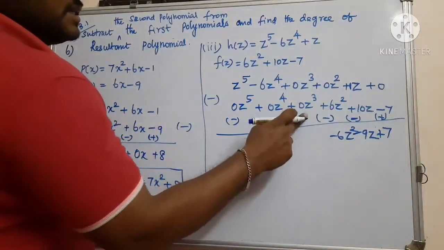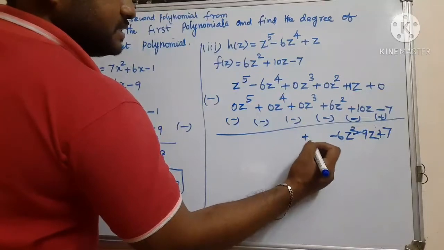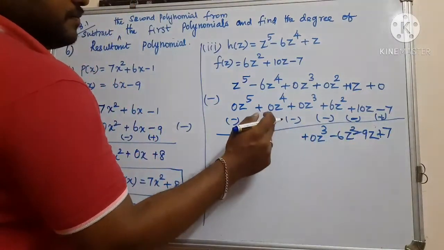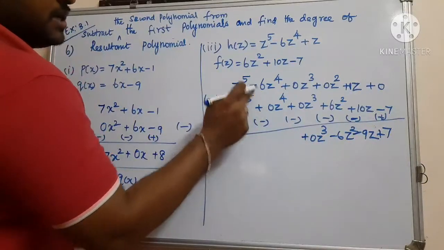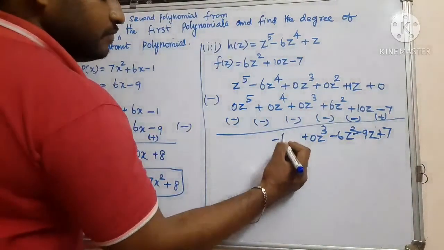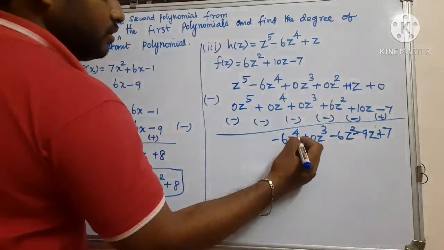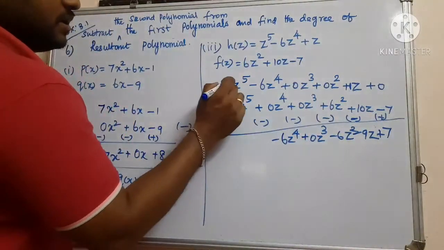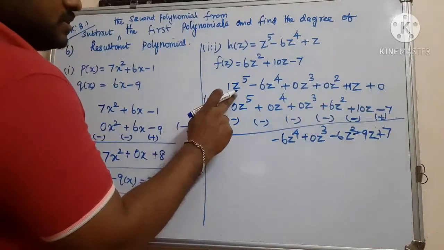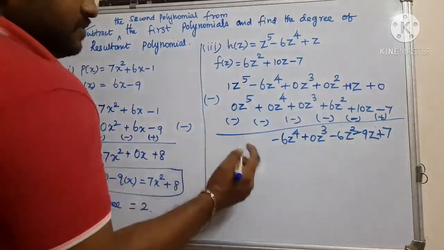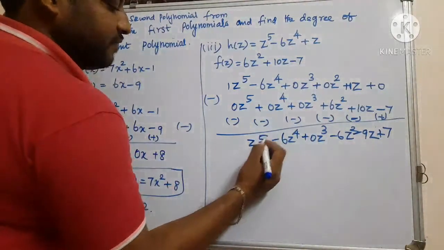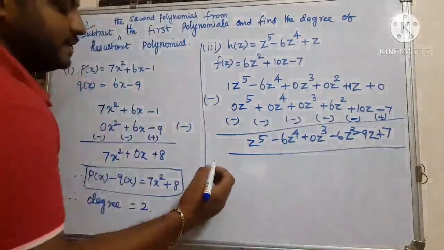So minus. So here is also plus 0 z cube. Here both are minus. So 0 means you can add, same only will come. So 6 z power 4. And then here, if there is no number, that means 1 is there. So 1 z power 5, 0 z power 5. 1 minus 0, 1. So z power 5. So now you have to write.